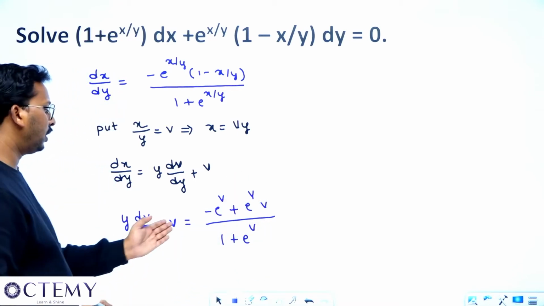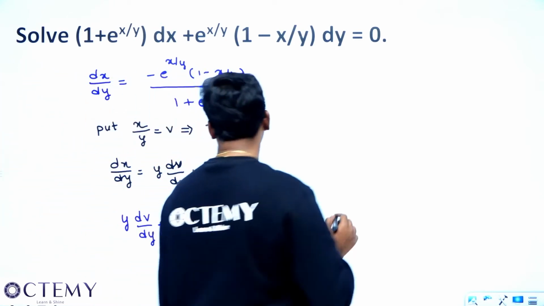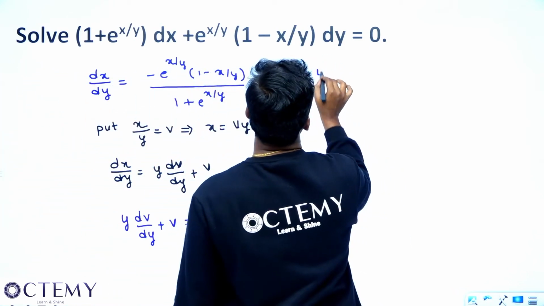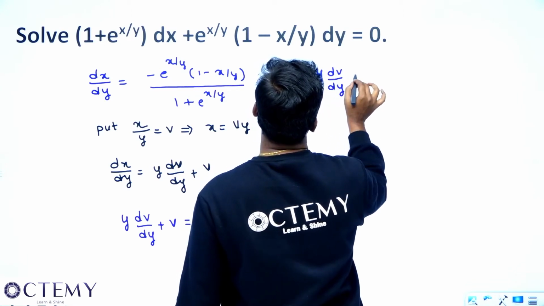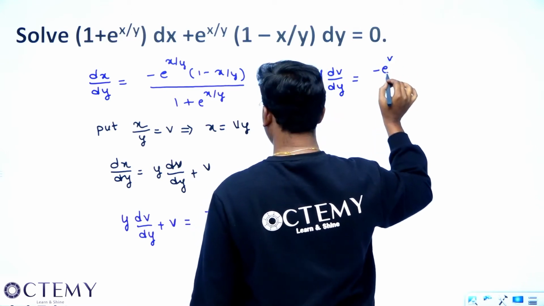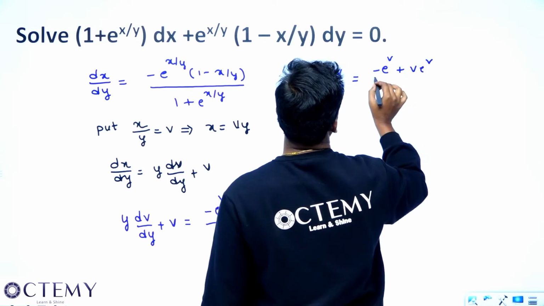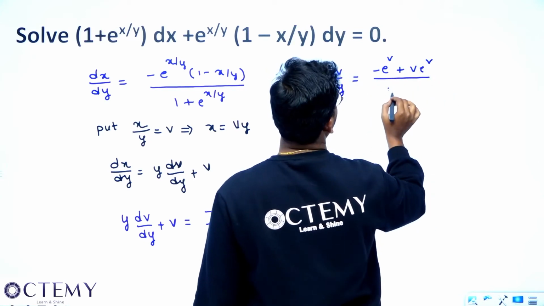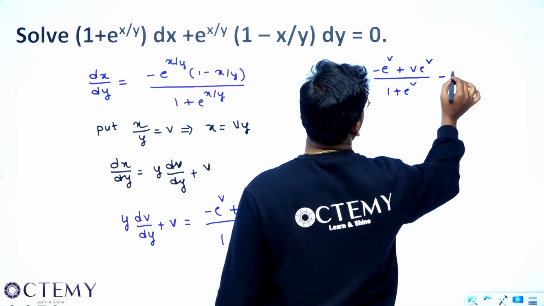So now you take this fellow this side, this v that side. You will get y dv by dy is equal to minus e power v plus v e power v divided by 1 plus e power v, minus v, right?